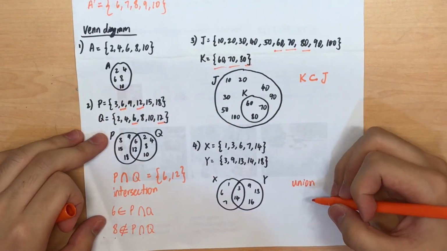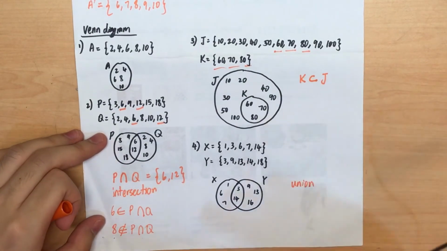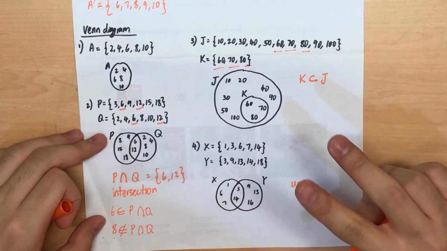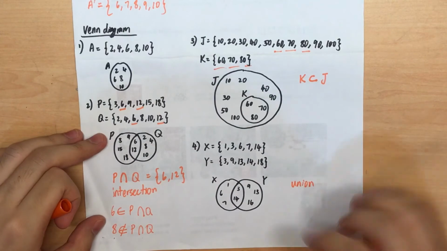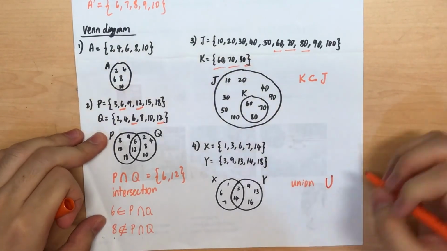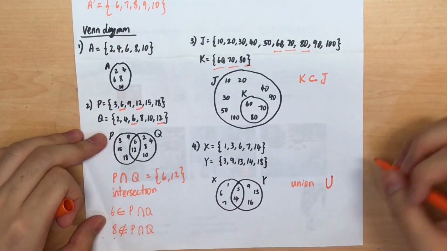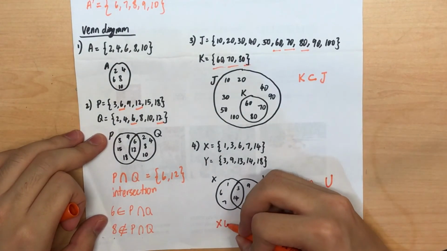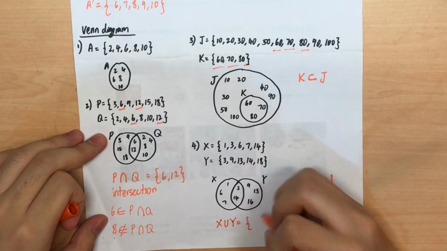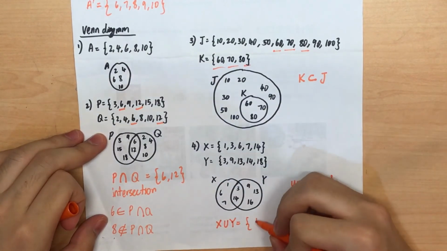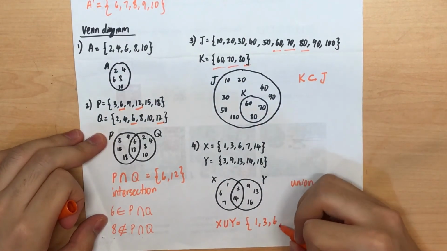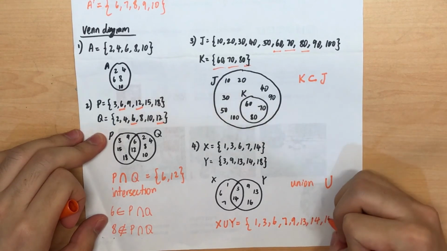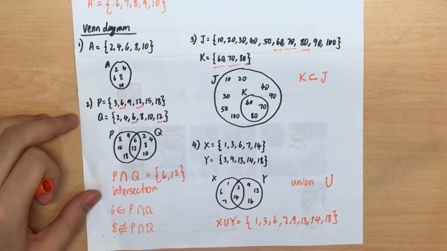The union of two sets is everything which belongs to either or both sets, and is represented by the symbol that looks like U. So in this example, X union Y is all the elements inside here, which are 1, 3, 6, 7, 9, 13, 14, and 18. That's all about this chapter.